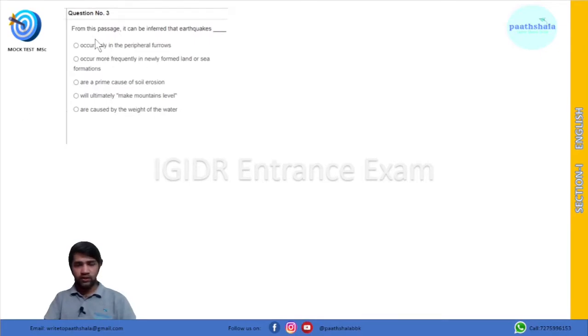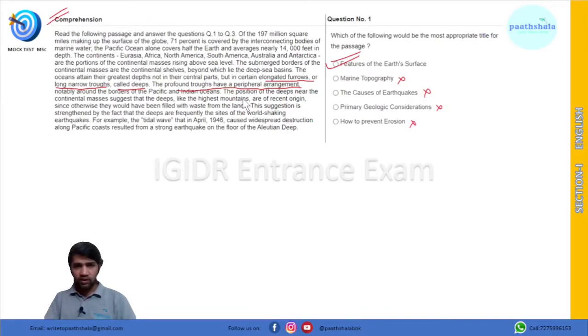Here it says, from this passage it can be inferred that earthquakes occur only in peripheral troughs, occur more frequently in newly formed land or sea formation, are the prime cause of soil erosion, or will ultimately make mountains level by the weight of water. Let's look at the passage. The portion of deep troughs near the continental masses suggests that deeps, like the highest mountains, are of recent origin.